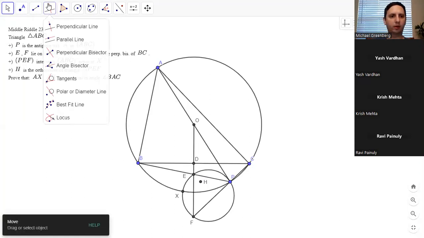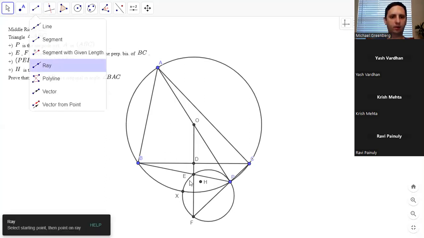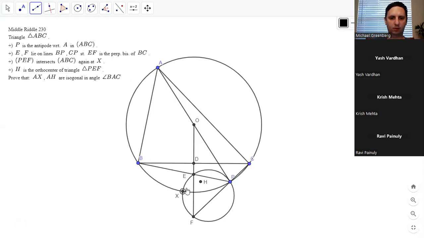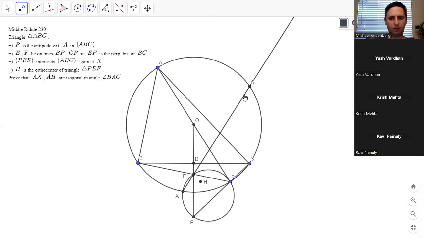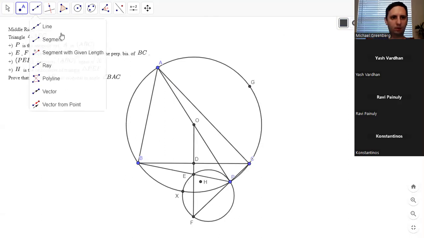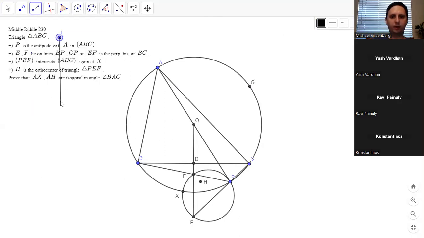Okay. All right, let me try that. So I draw XE and I draw that point. Yes. Okay. Then that should be the B antipode. That should be the antipode of B?